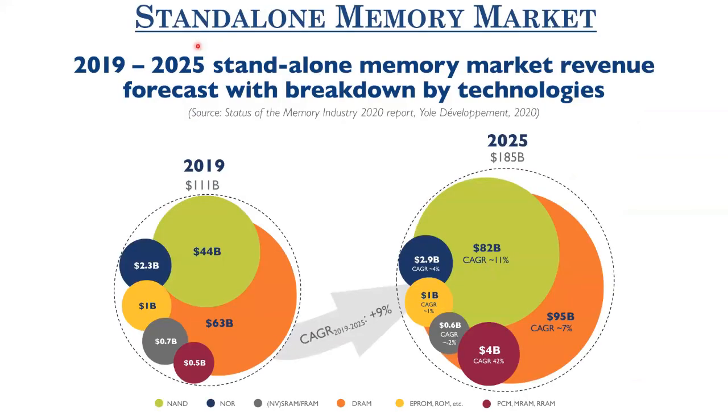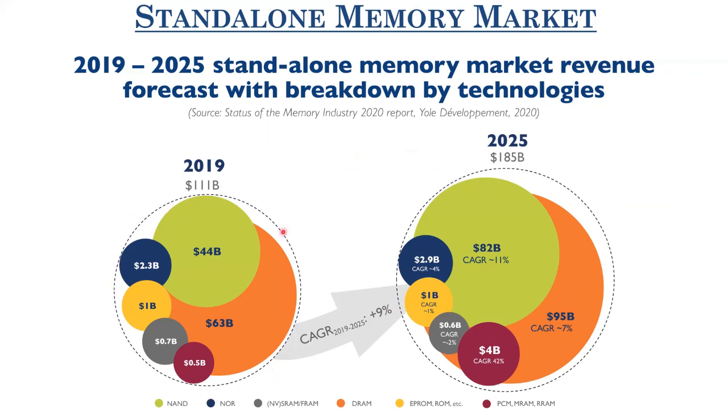Let us first take the case of the standalone memory market and look at the forecast for 2025. In 2019, the overall market was supposed to be $111 billion, which is going to increase with a CAGR, or compound annual growth rate, of 9%, from $111 billion to $185 billion.